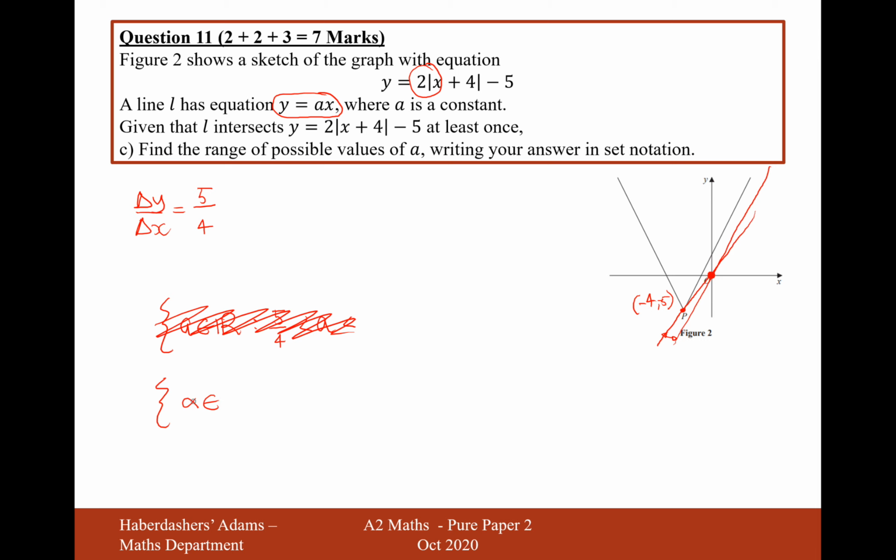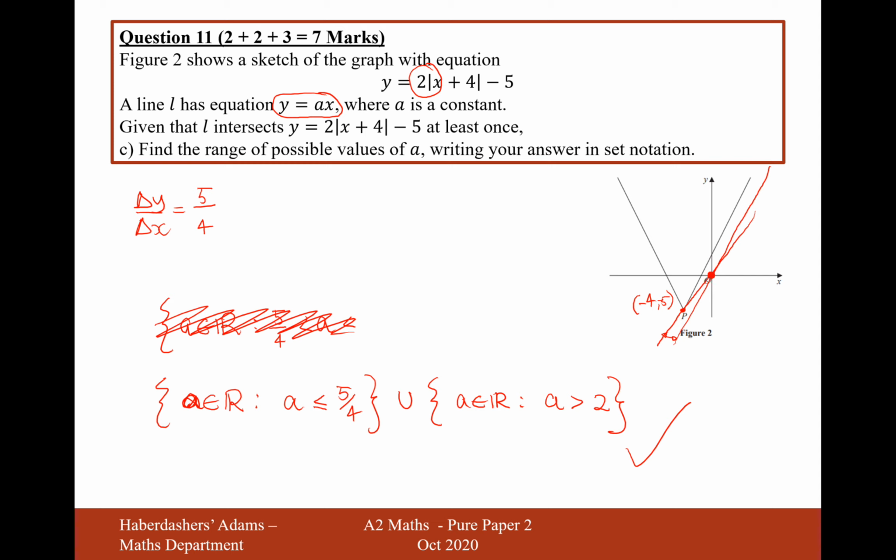So a exists in the real numbers such that it has to be a gradient either less than or equal to 5/4, with the union of a exists in the real numbers such that it has to be greater than 2. Any negative gradients are fine, and 0 would be fine too, because it would just be y equals 0.